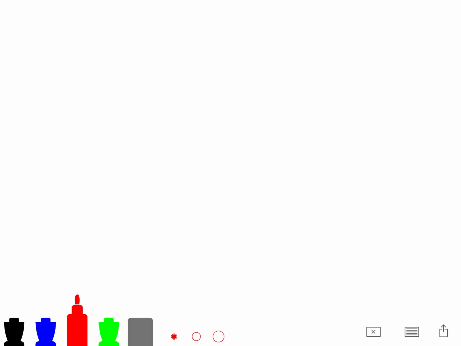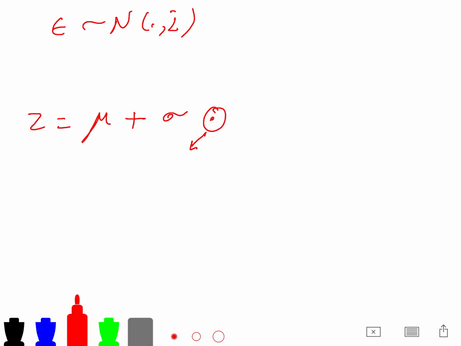So consider the computation of log q phi of z given x. A common choice is a factorized Gaussian encoder. In other words, after reparametrization, z equals mu plus sigma times epsilon, where by the way this is the element-wise product.